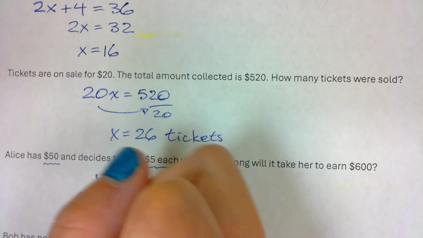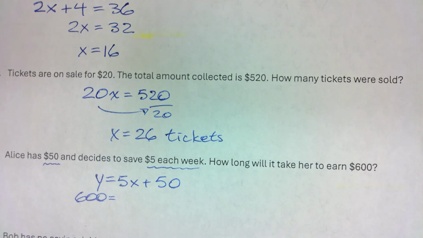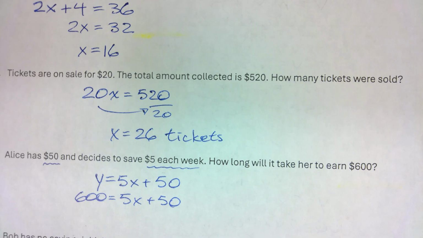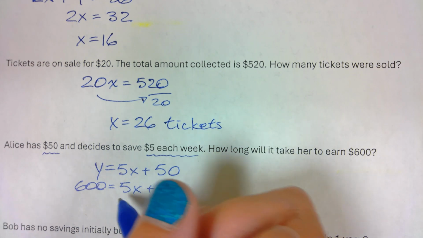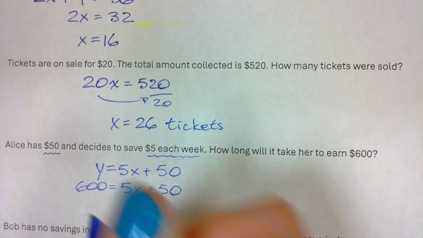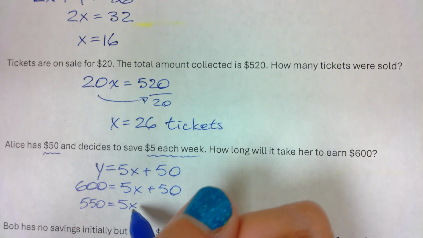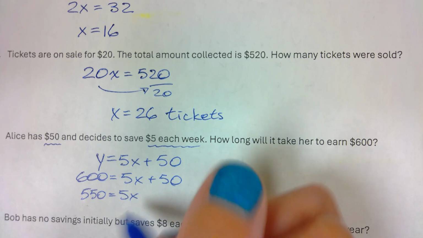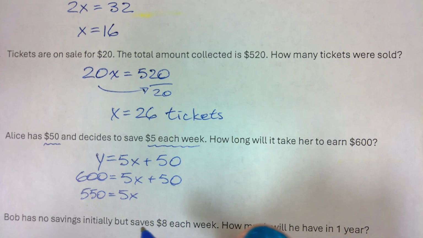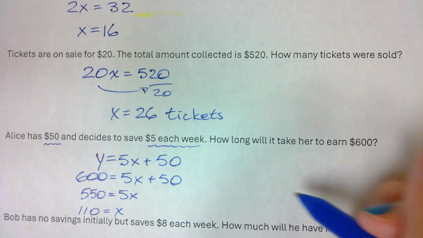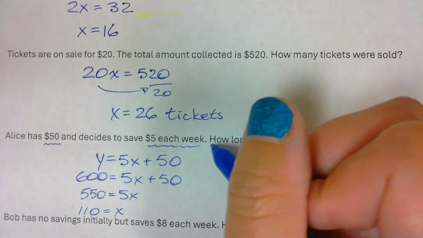So I'm going to replace that y with 600, okay, and then solve regularly. Move that 50 over. So 600 minus 50 is 550. And then when you divide that by 5, 550 divided by 5, you get 110.